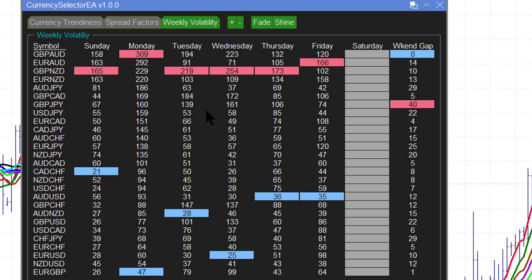And how does this help you? So again, if you're a day trader and you're trading certain currencies, you trade those currencies when they are in a highly volatile day. You trade breakouts and trending techniques, and when they are in a low volatility day, you trade sideways markets.